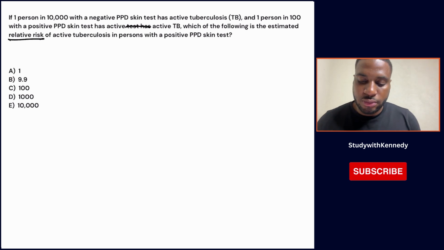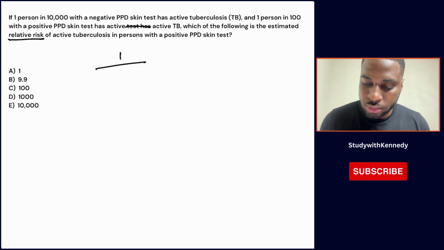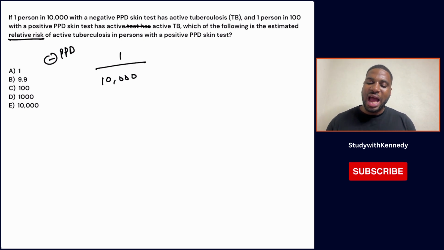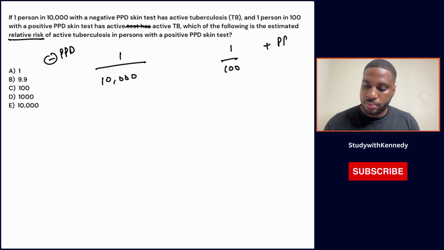People with negative PPD skin test, 1 in 10,000 have active TB, and 1 in 100 with positive PPD skin test have TB.